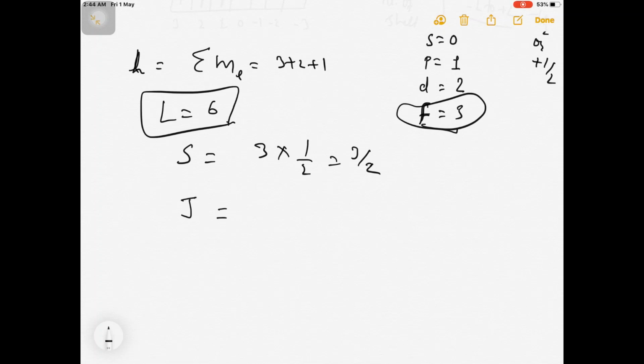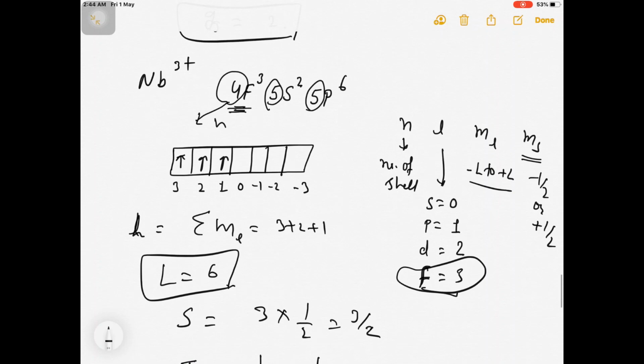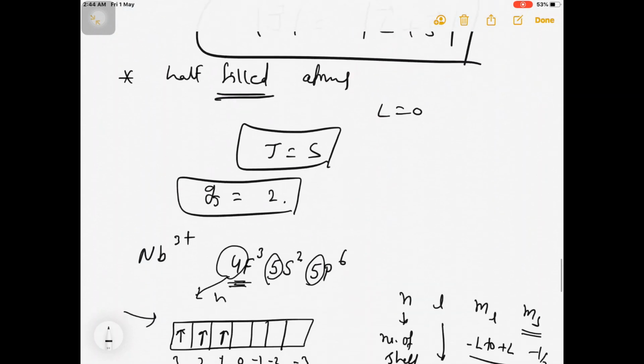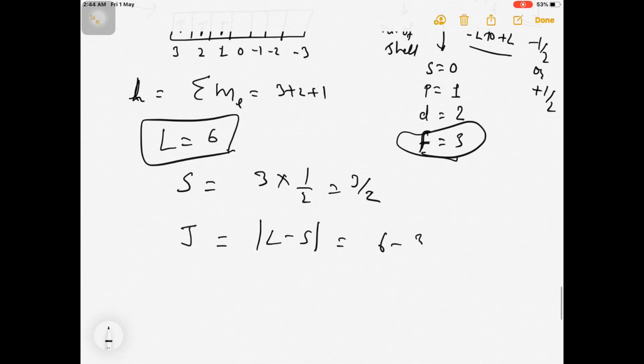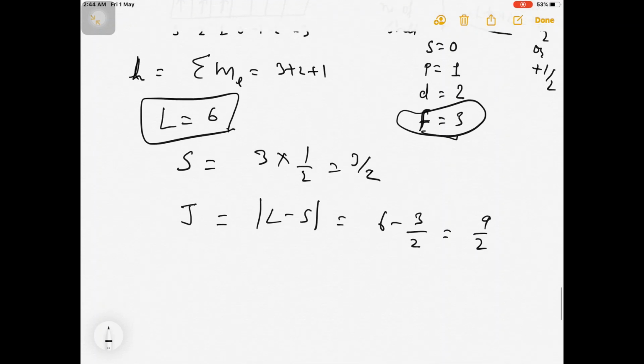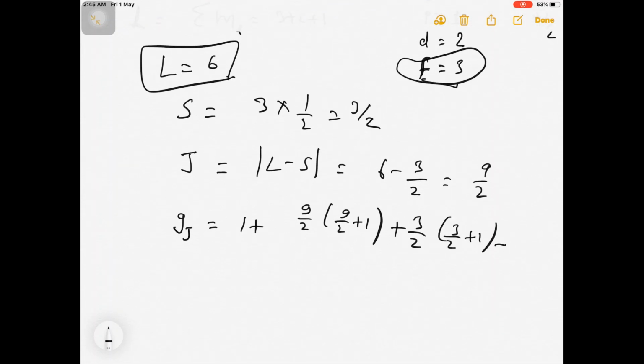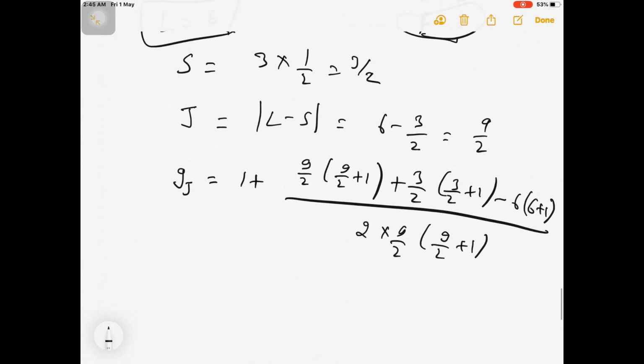Okay, so J is given by L minus S because it is a case of less than half filled, and you can see here for electrons less than half filled we use L minus S. Okay, so 6 minus 3 by 2, that means 9 by 2, and now you can easily find the value of Gj, and Gj is nothing but 1 plus J into J plus 1, so 9 by 2 and 9 by 2 plus 1, plus S into S plus 1, so S is 3 by 2 and 3 by 2 plus 1, minus L into L plus 1, L is nothing but 6, so 6 and 6 plus 1, and divided by 2 into J into J plus 1, and you can easily solve this.